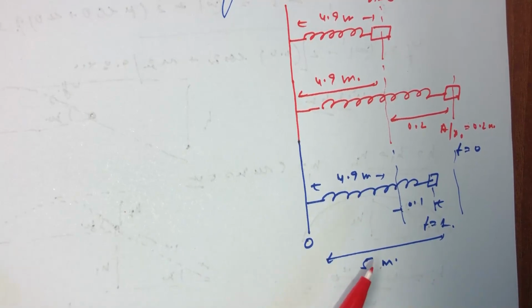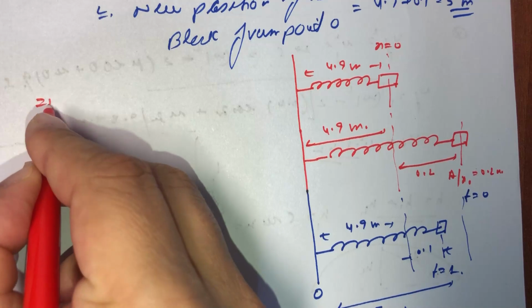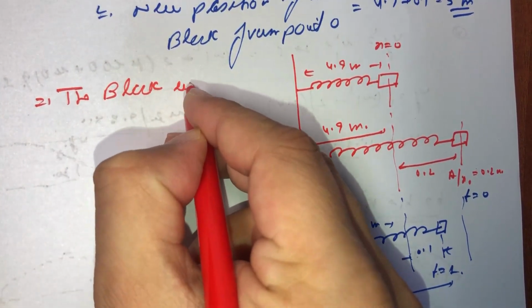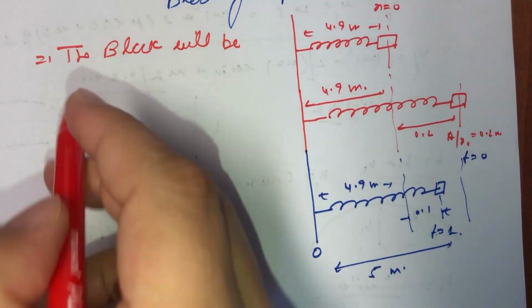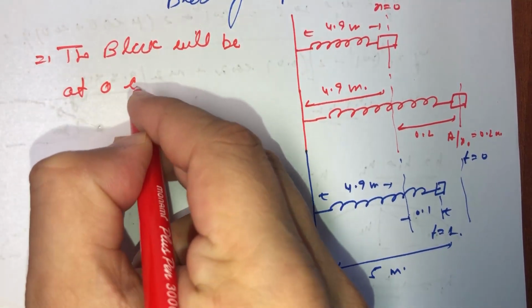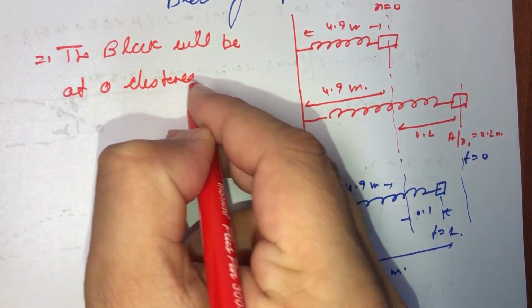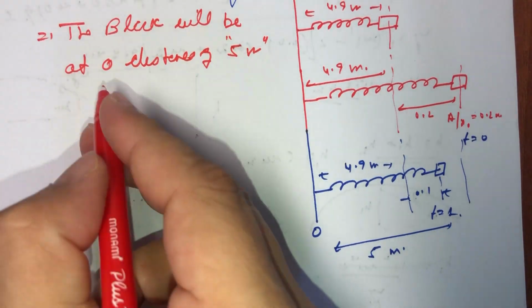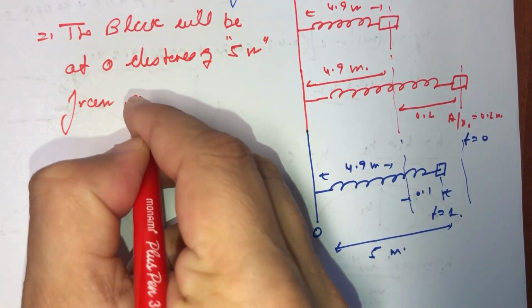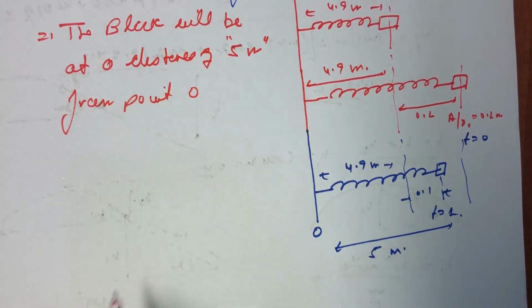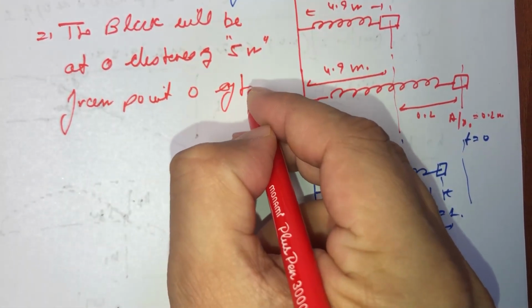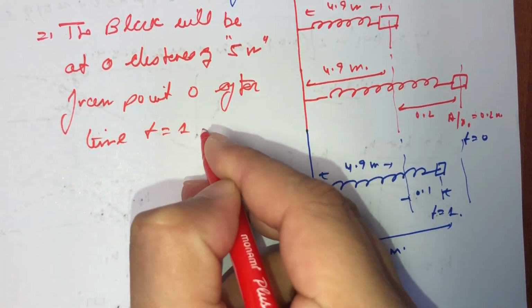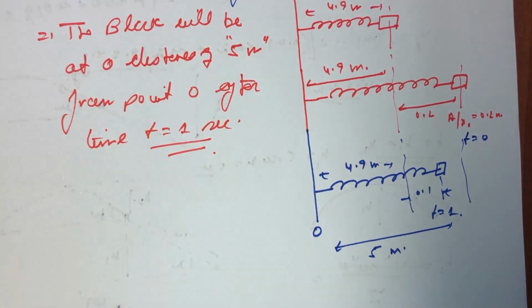So from here we can say that the block will be at a distance of 5 meters from point O after time t is equal to 1 second.